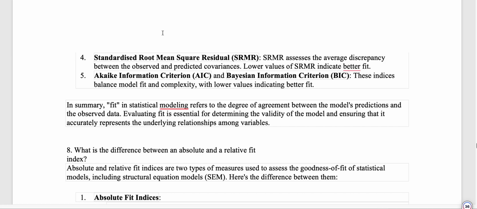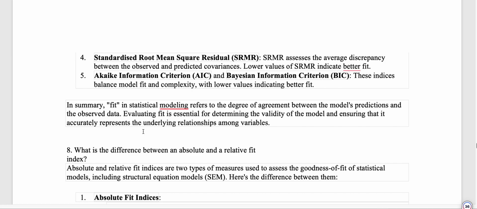Akaike Information Criterion, AIC, and Bayesian Information Criterion, BIC, balance model fit and complexity, with lower values indicating better fit. In summary, fit in statistical modeling refers to the degree of agreement between the model predictions and the observed data. Eventually, fit is essential for determining the validity of a model and estimating that it accurately represents the underlying relationships among the variables.